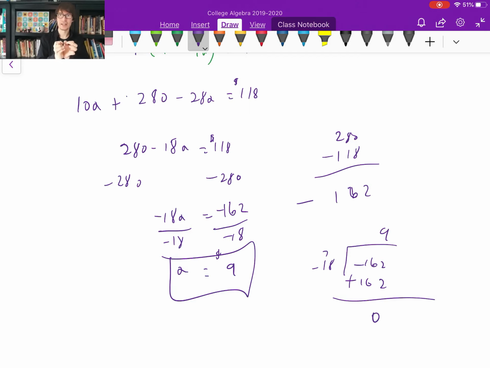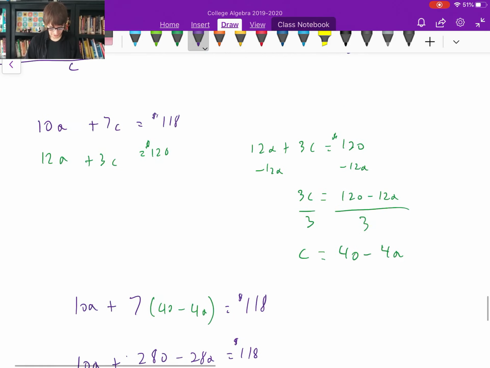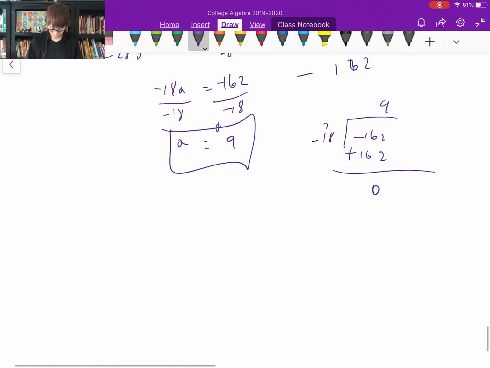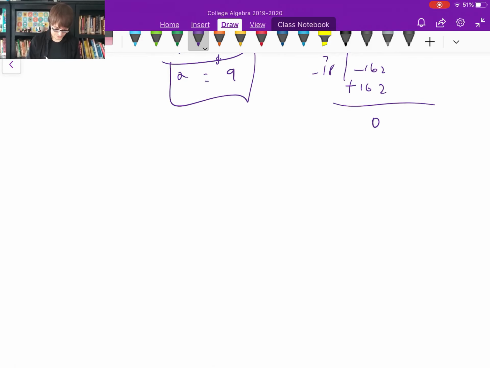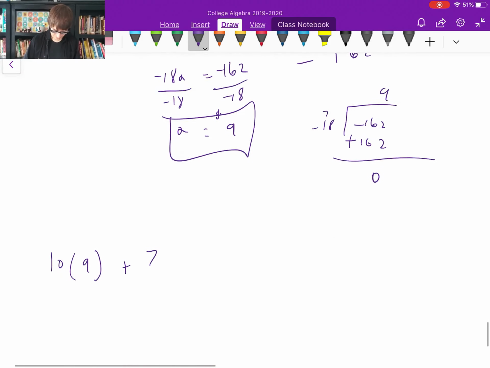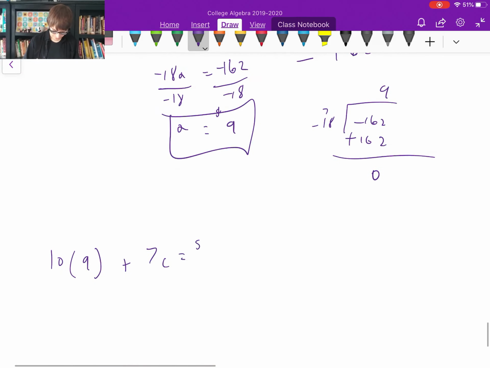Let's find the child ticket now. Okay, the child ticket. We'll plug that into any equation we'd like. Let's just plug it into the first equation, because we can. So we'll say 10 times 9, because that's the price of the adult ticket, plus 7 times the child ticket equals 118.